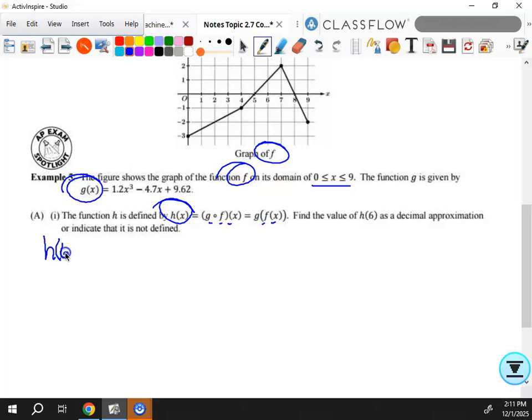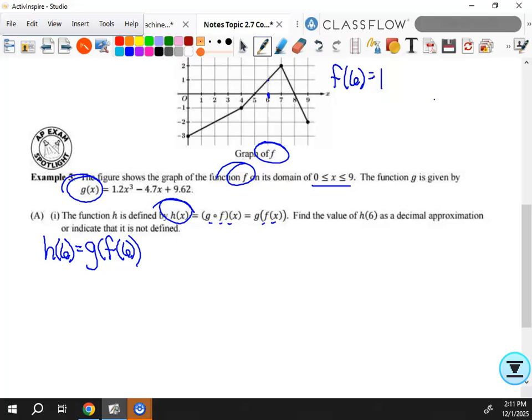So h of 6 is g of f of 6, right? So how do I figure out what f of 6 is? Where would I go to look for that? The graph. So when x is 6, my input is 6. What is my output? 1. So f of 6 is 1.